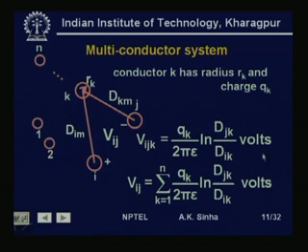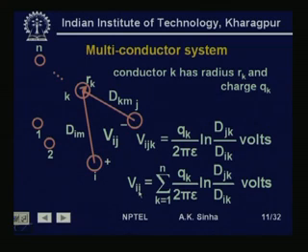Now, if we want to find out the voltage difference due to charge from all the conductors in this system, we need to use the superposition theorem, that is add the voltages due to the charge from each of these conductors.